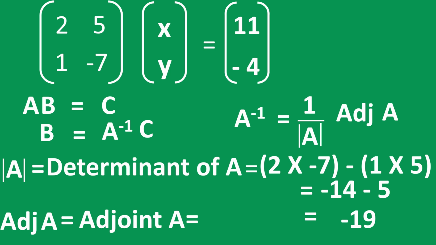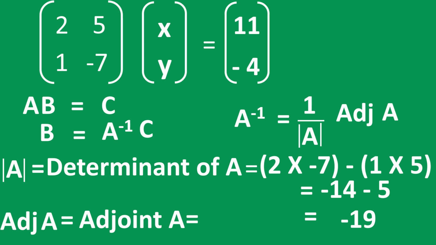For the 2 and minus 7 in that particular A, what we do is exchange their positions.